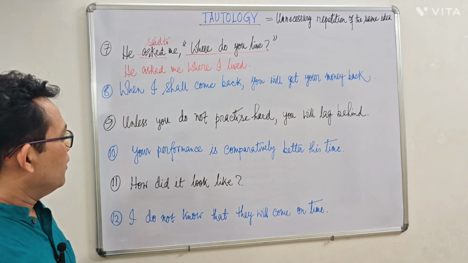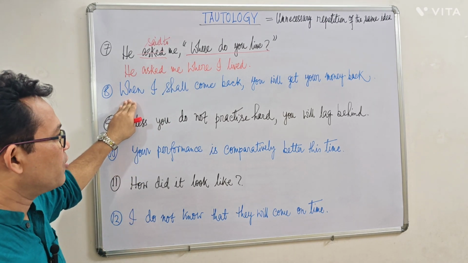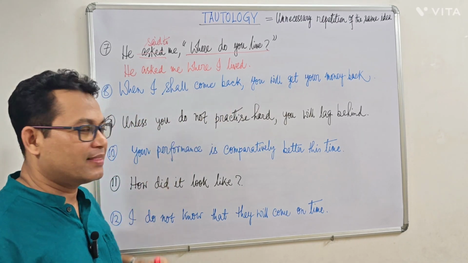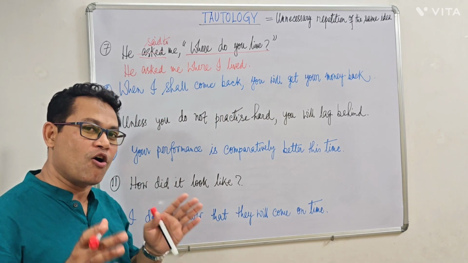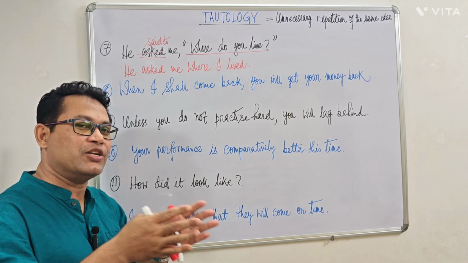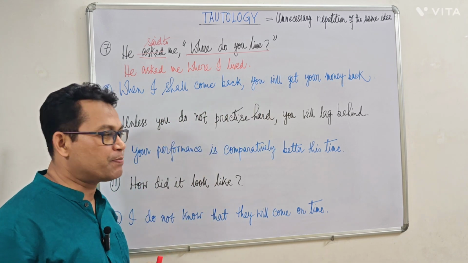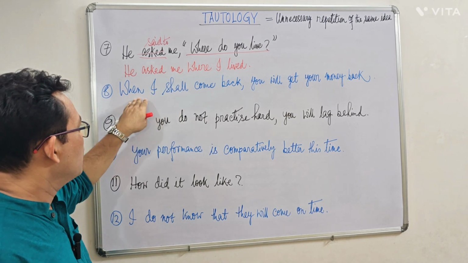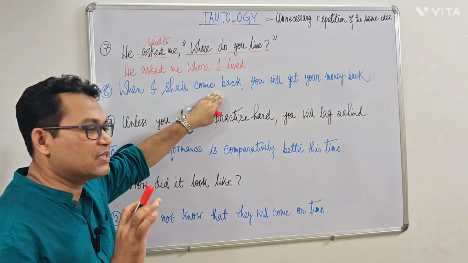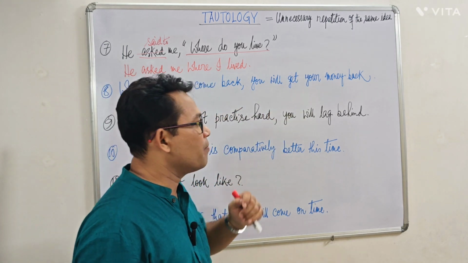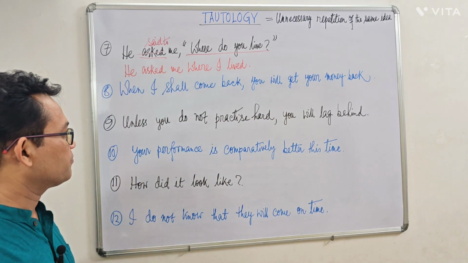Then number 8, again crucial, because we write or speak sentences like this in our mother tongue, and obviously we translate our mother tongue version into English into this pattern. So here we have a complex sentence. When shall I come back is the subordinate clause or the dependent clause, and you will get your money back is the principal clause.